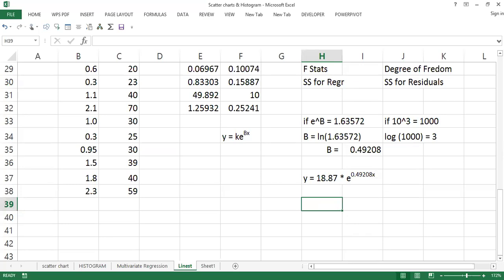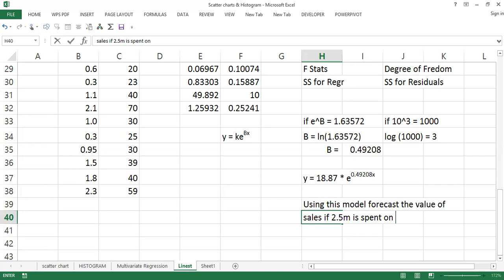Okay. Suppose I ask you now, I say using this model, forecast the value of sales if 2.5 million is spent on adverts.